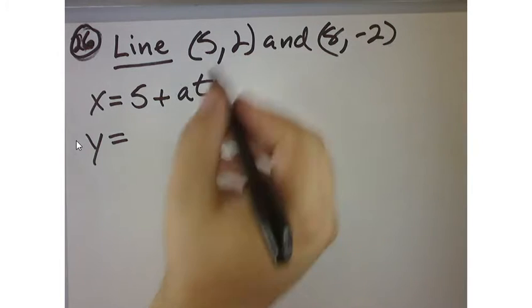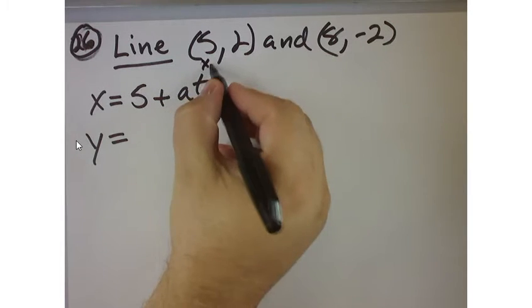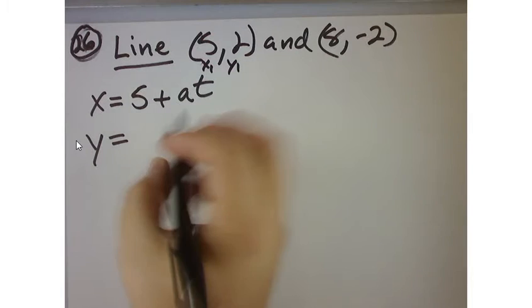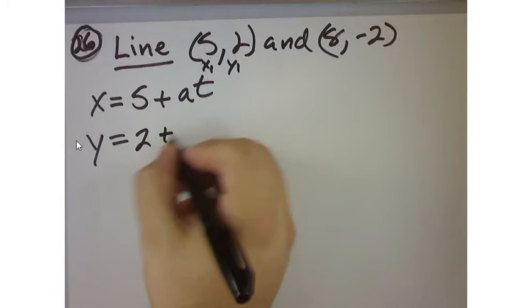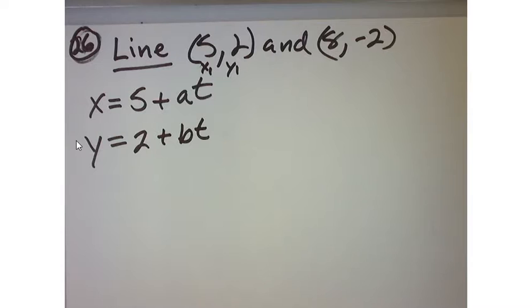So think of this as like x sub 1, y sub 1. I'm going to choose 2 plus b times t. So whenever you see the word line, you're going to arbitrarily choose these things here. Okay? Does that make sense?